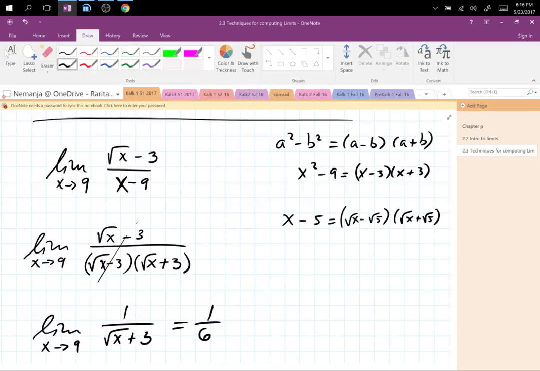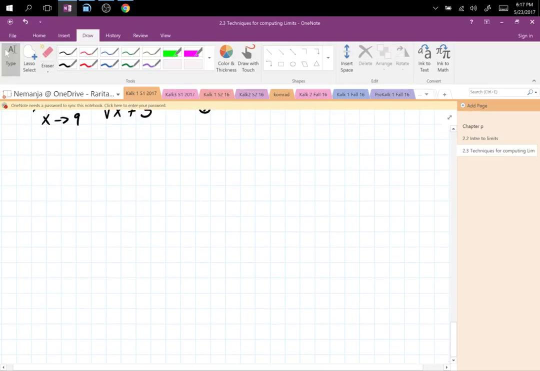Oh yes, the limit. So the way to solve this is to factor it and then do it. But we can also solve the problem if I rationalize. So here's the same problem done differently.